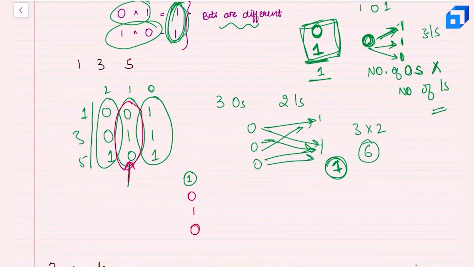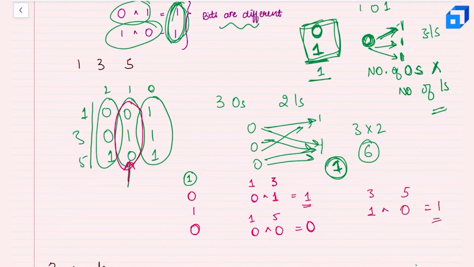If I were taking them separately, say 1 and 3, the ith bit of 1 is 0 and of 3 is 1, right? So now it will give me the XOR of 1. That means these bits differ. If I take 1 and 5, here I have 0 and in 5 I have 0, so they give me 0 because they don't differ. Now if I have 3 and 5, here 3 is 1 and 5 is 0, so they give me 1. That means they differ.